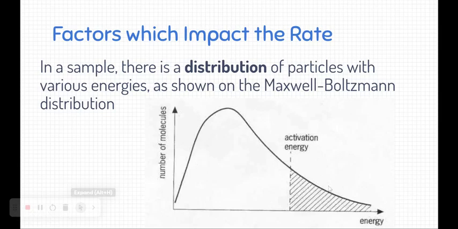So we know there's a distribution here because in a given sample, there's going to be some particles with high kinetic energy, there's going to be some particles with low kinetic energy, but a vast majority of the particles fall into some sort of middle range. For a given chemical reaction, there's going to be a minimum amount of energy required for a successful collision, and that amount of energy is referred to as the activation energy, which is shown right here.